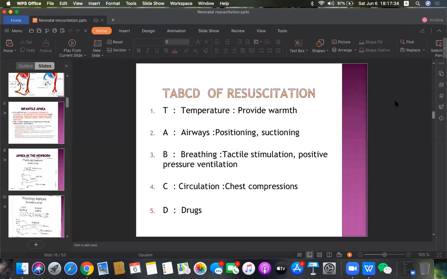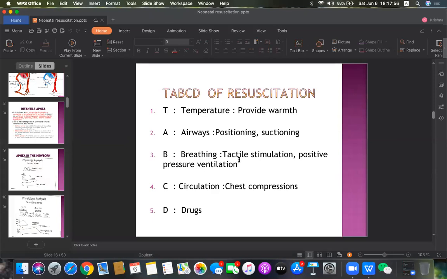The second point is maintenance of the airway, and that is done by positioning and suctioning. Positioning means the head should be tilted slightly, and if there is froth coming, or a lot of mucus, then you should suck it out. Third is breathing.